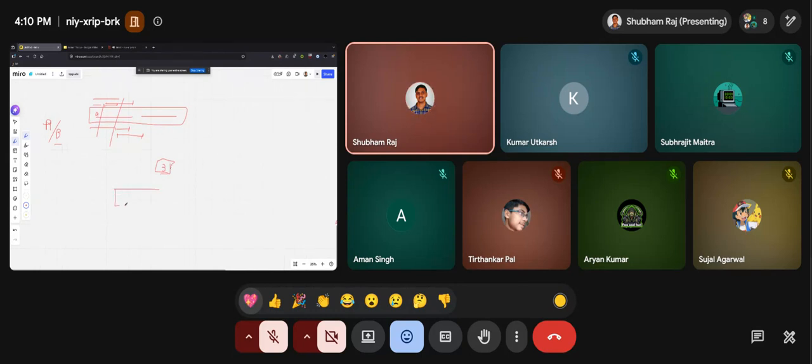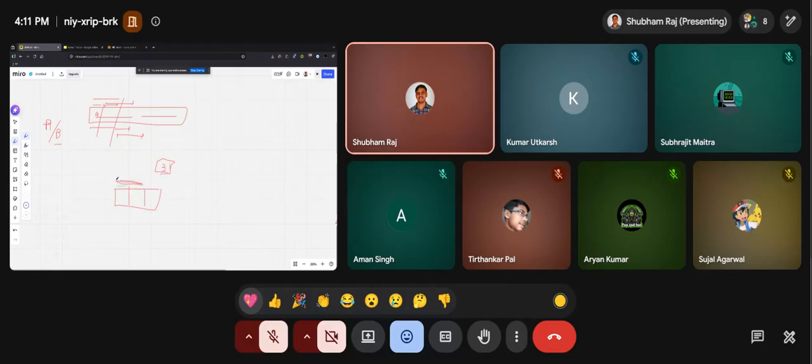If there are three stones, in the first move, Alice can either pick this one or pick these two.